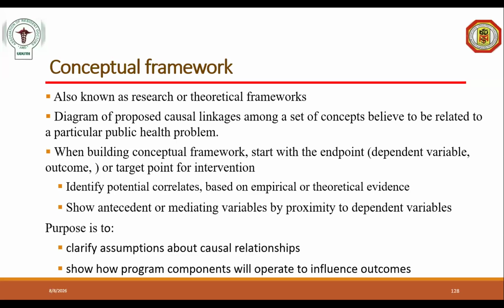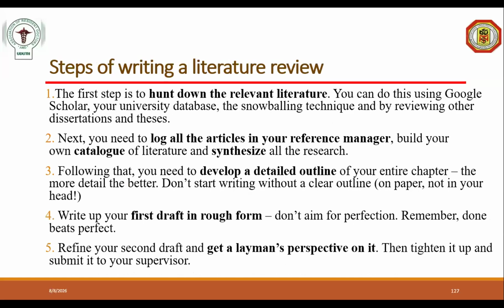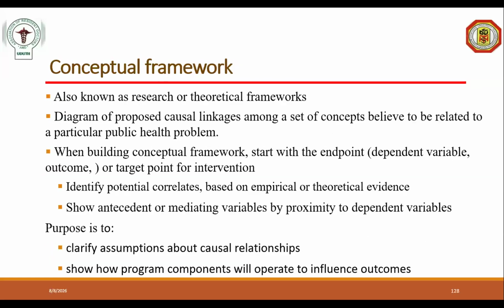Then 2.2, your first specific objective. 2.3, your second specific objective. 2.4, your third specific objective. 2.5, your fourth specific objective. Then after that, the next thing is 2.6, which is your conceptual framework.